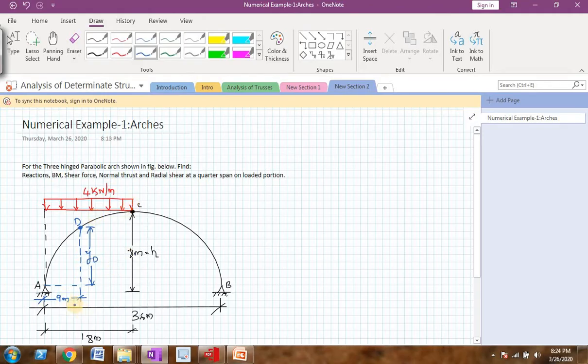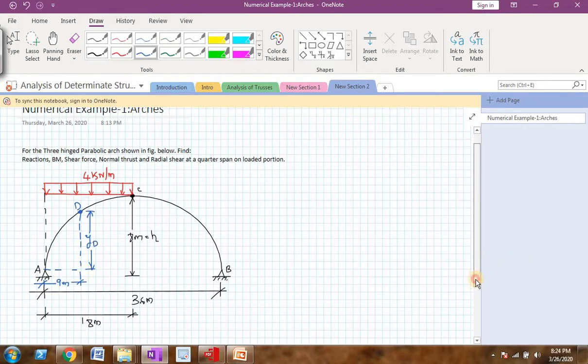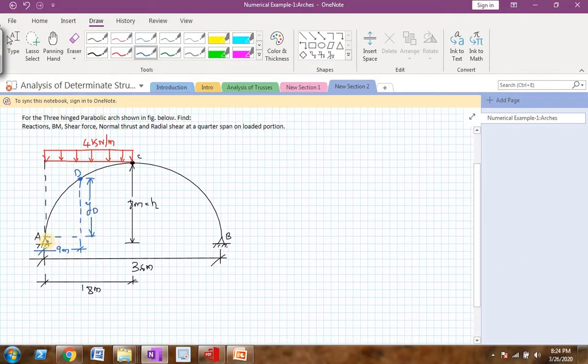So first let us find the reactions at A and B. We know that the pinned supports A and B will carry 2 reactions each. So let me just name them. I will name this as, say, VA and this as HA.